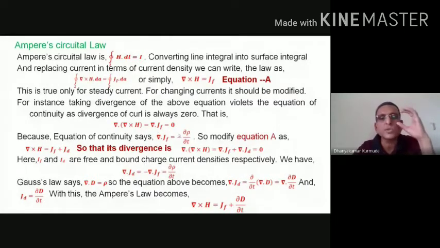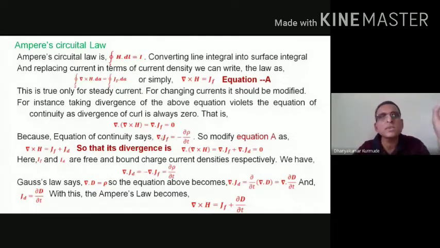To understand it, let us consider a volume within which charges are present, and the charges move across the surface of the volume. The movement of charge can be expressed by the divergence of J, because movement of charge across the surface will constitute the current, and it will have a current density. So movement of charges across the volume can be represented by the divergence of current density.